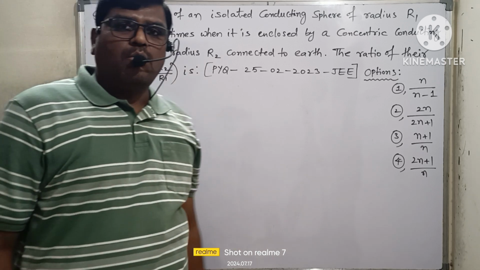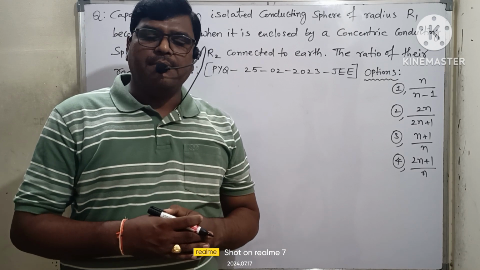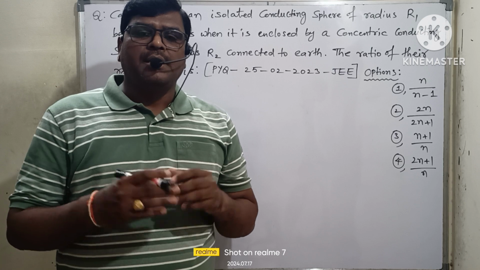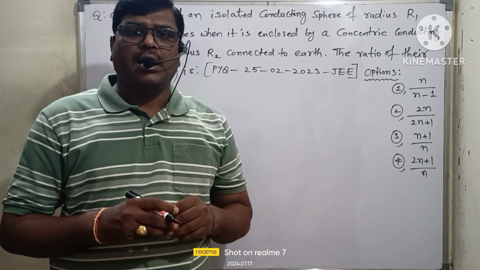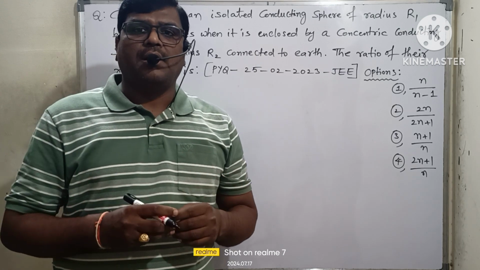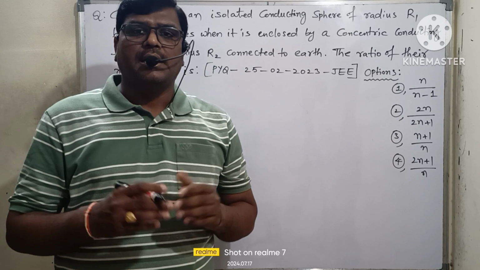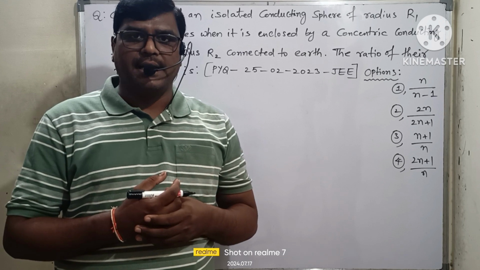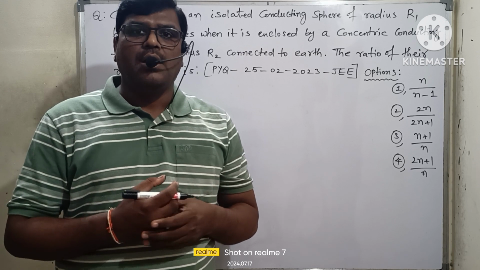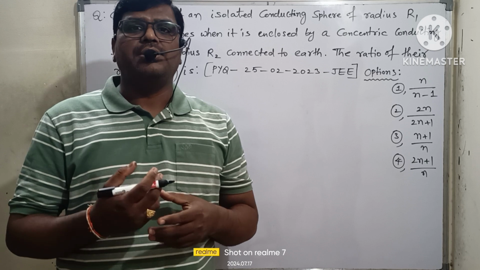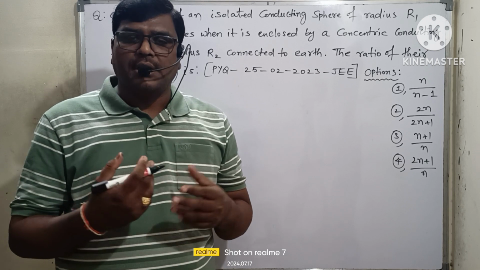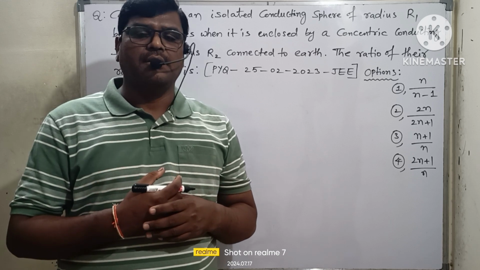What is given here? One conducting sphere is given, and its radius is R1. If it is enclosed in another conducting sphere of radius R2, then its capacity increases by n times. Then we have to find the ratio of the radius of the second sphere to the radius of the first sphere.